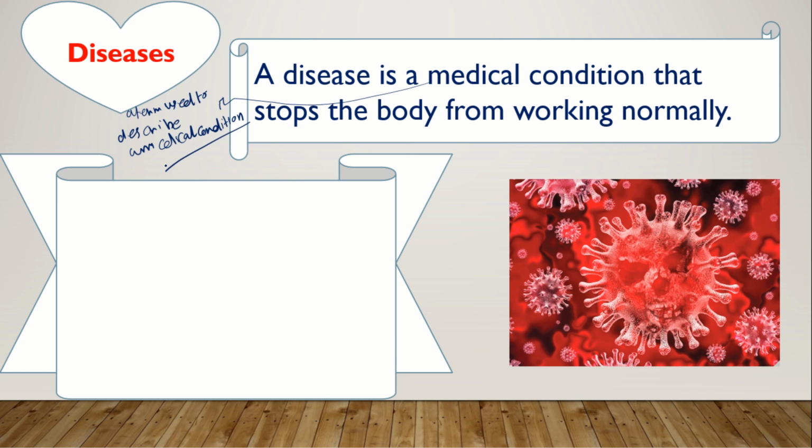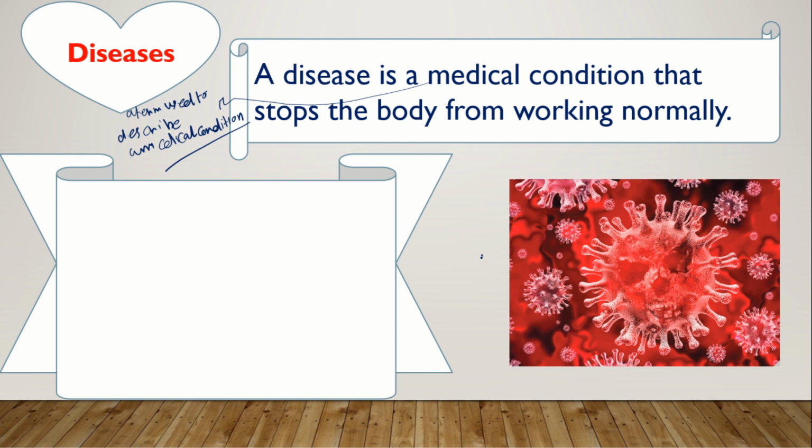A medical condition. When I ask you what are disease? Disease is a medical condition that stops the body from working normally. It is a medical condition that stops the body from working in a normal way.